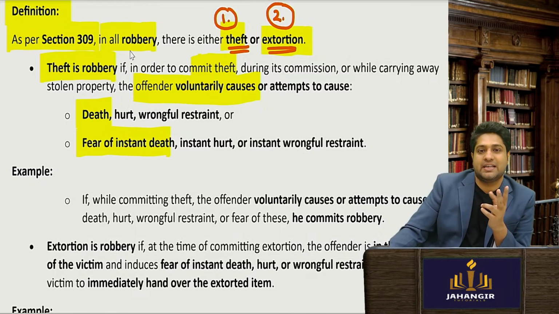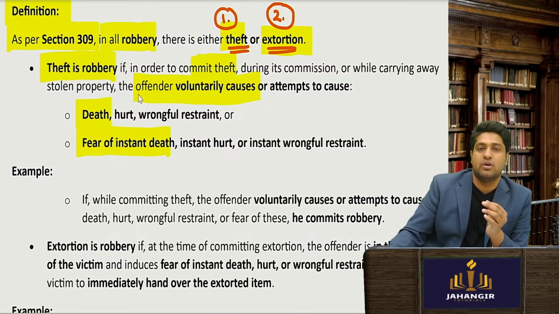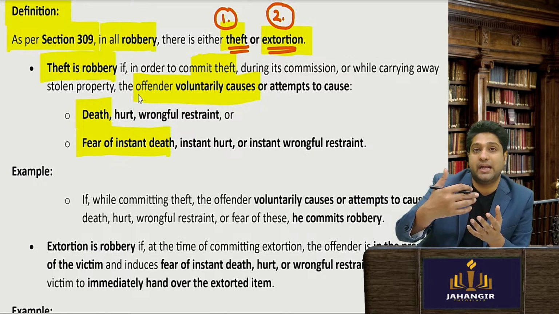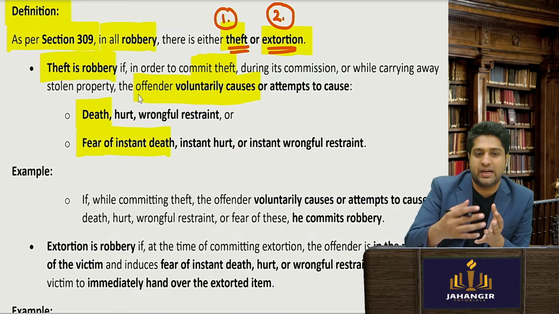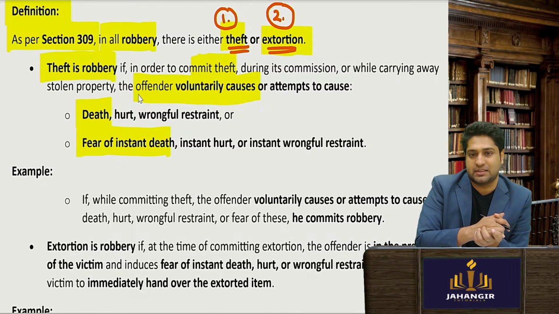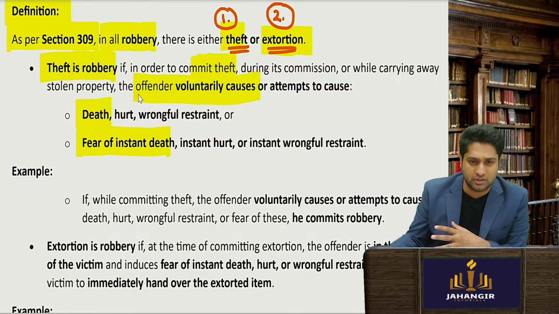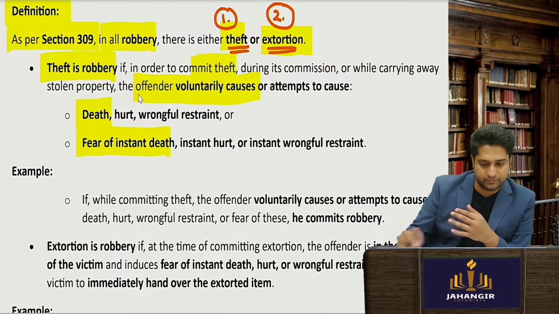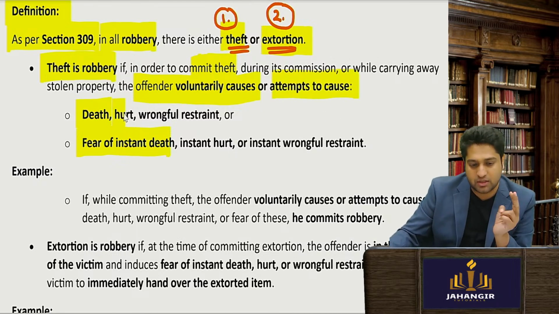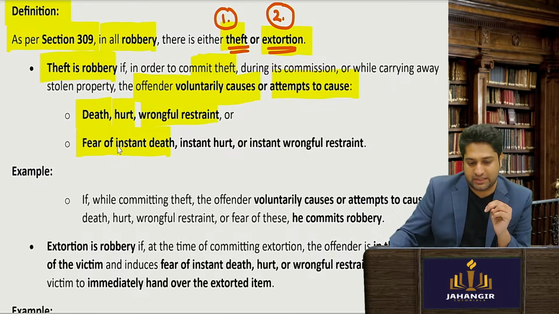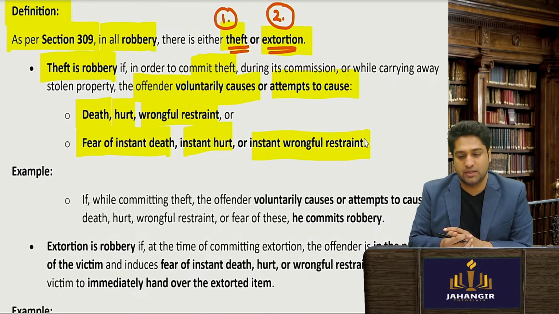So when you come and threaten that I will kill you, or you create a fear of instant death, either I'm doing extortion or I'm doing theft. The offender voluntarily causes or attempts to cause hurt, death, wrongful restraint, or fear of instant death or instant wrongful restraint.